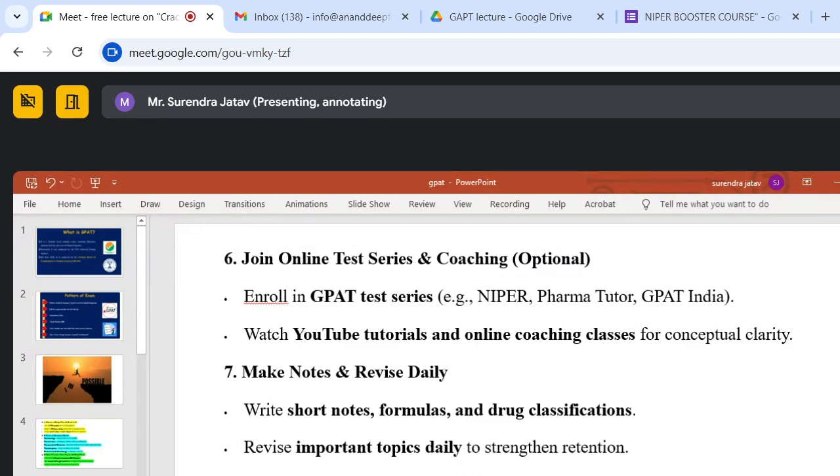Because if you don't revise, it will definitely be lost, or it will be difficult to retain in your mind. Up to the exam, whatever you are studying must be retained in your mind. For that, use sticky notes, flashcards, or quick review, just quick revision.